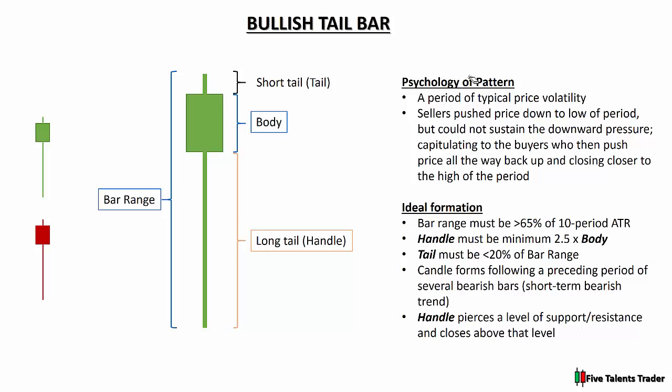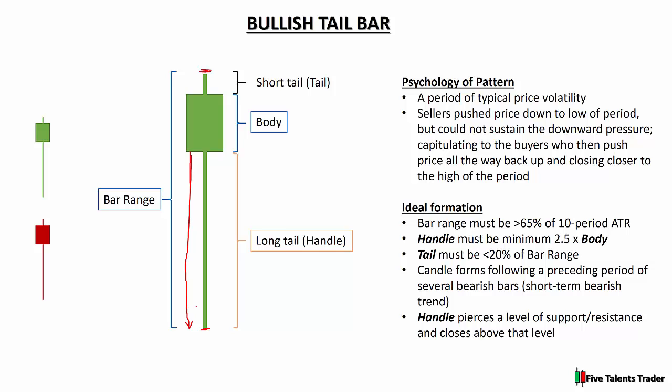And the psychology behind this is sellers earlier on or at some point during the period, say the day, have been able to push price down to the low of the period. So that's the low of the period, that's the high of the period. At some point in that period, price opened around here, and the sellers were able to push price down to this point here.